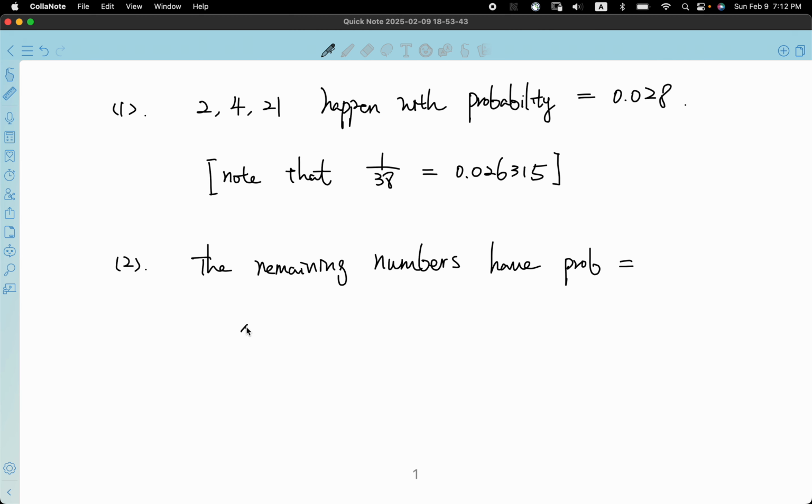First of all, the probability of everything is going to be 1. And then we need to minus the 3 of them that have 0.028. So this is the probability for all the remaining numbers. And then we need to divide it by the rest of the 35 pockets.